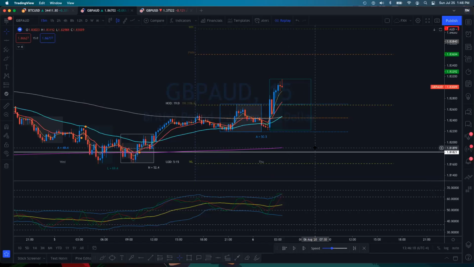So if you do end up getting a sell, or a type 1 sell, let's say, then what exactly would that mean for the weekly cycle?